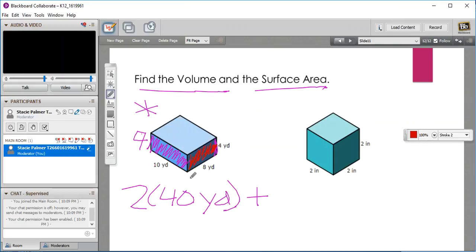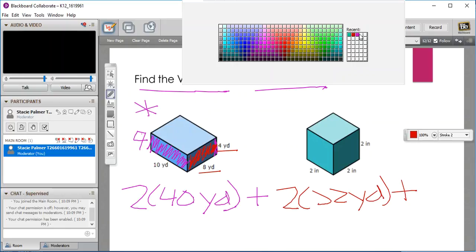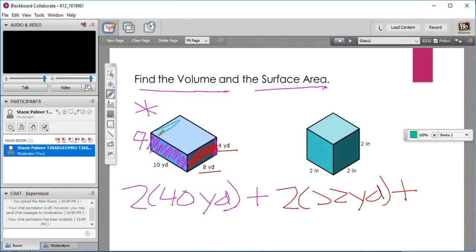For that one, we have 8 times 4, which is 32, so we have 2 times 32 yards, plus the last one here. For this one, the length is 10 and this length is 8, so 10 times 8 is 80. We're going to have two of those, 2 times 80 yards.